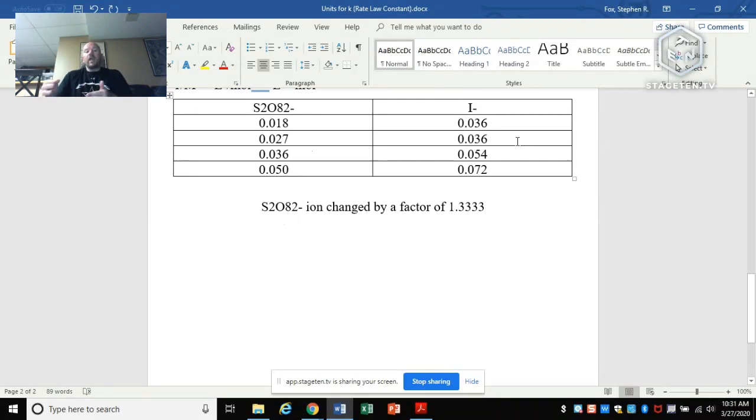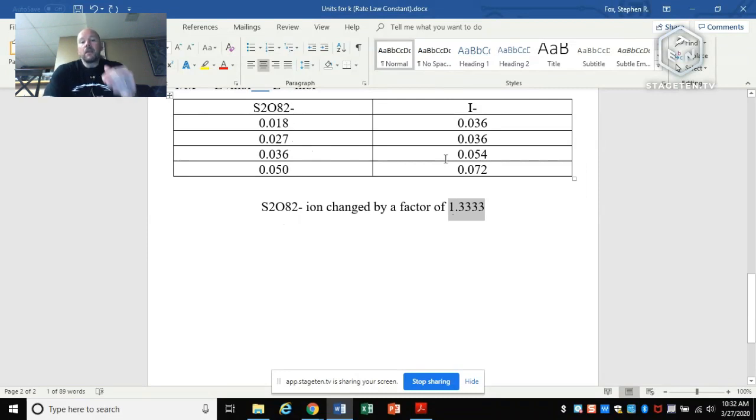So let's go to the rate. If the rate only increased by a factor of 1.33, that means whatever change I did to I minus had no effect, because what caused the rate to change by that factor was the S2O8 increase, since I know this is first order.